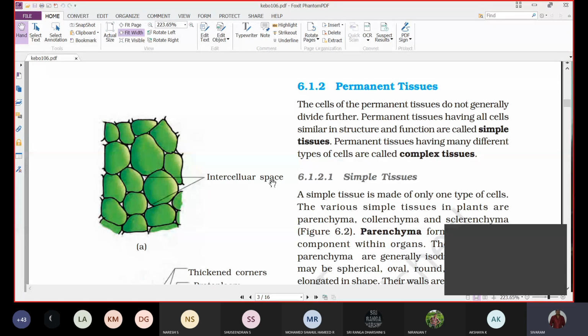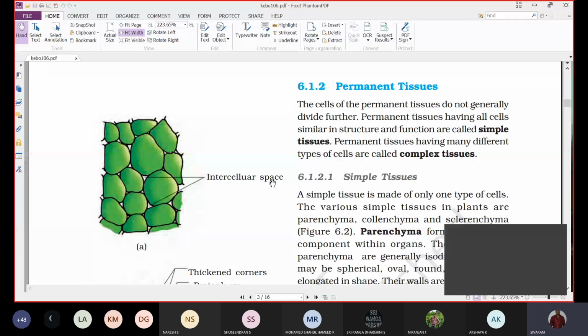A tissue which is formed by different types of cells. That means if two or more types of cells are grouped to form a tissue to perform a common function, then such a tissue we are calling a complex permanent tissue.